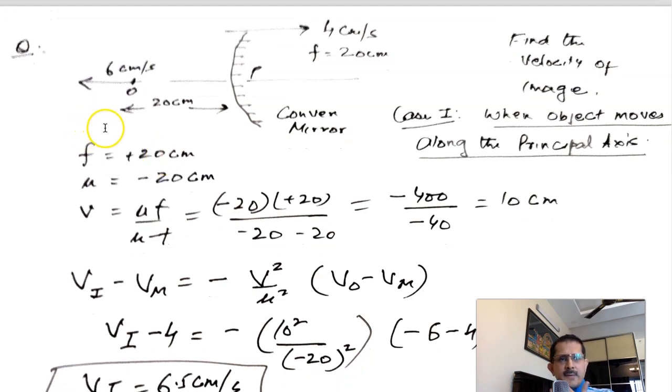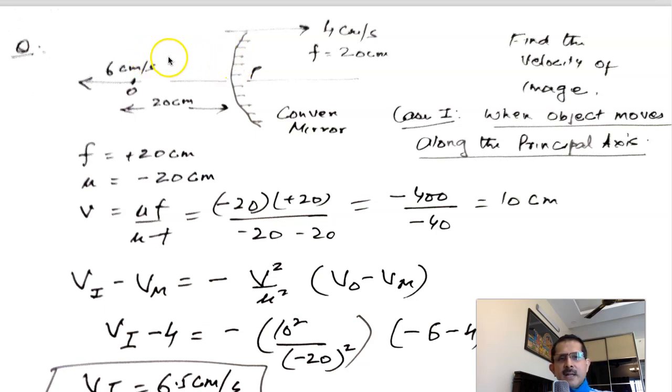Now this is a question wherein, remember, this is a convex mirror, and the moment we say convex mirror, focal length is always plus. Plus 20 here because they have given it in this question. So focal length is equal to plus 20, u is equal to minus 20 centimeter. You know why? Remember, here the positive direction is in this direction.